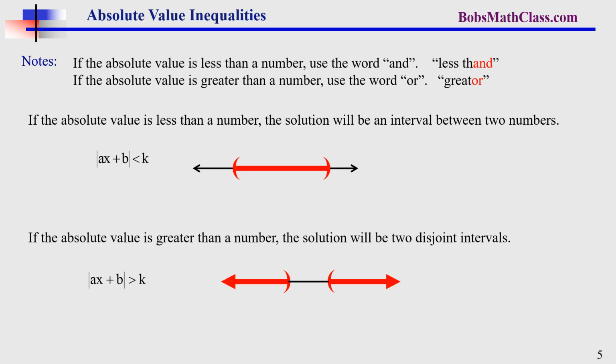Less than. And, yes, when you see the less than, it's almost there with a D. Just put the D in yourself. And if the absolute value is greater than a number, you use or.